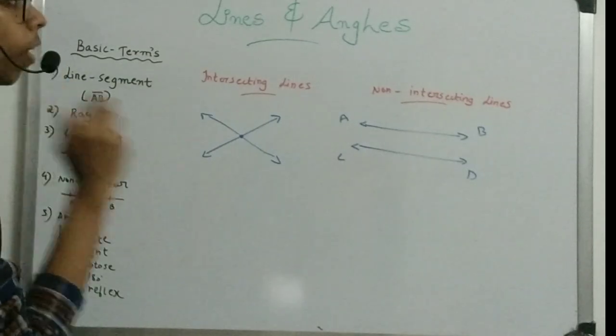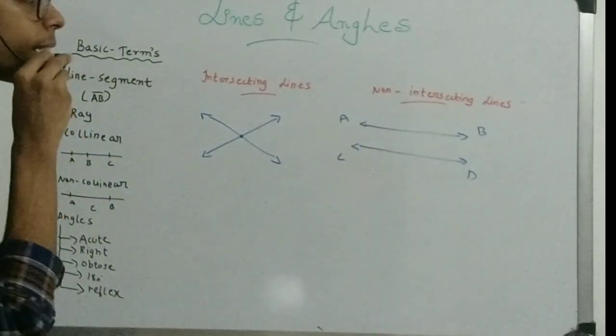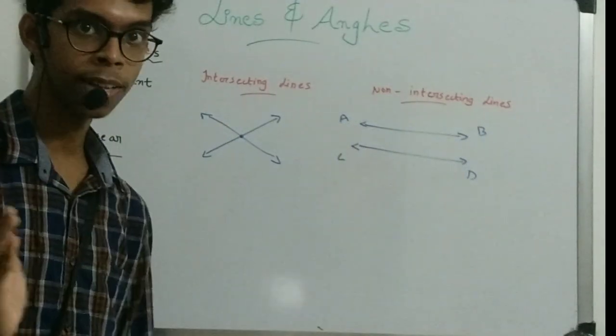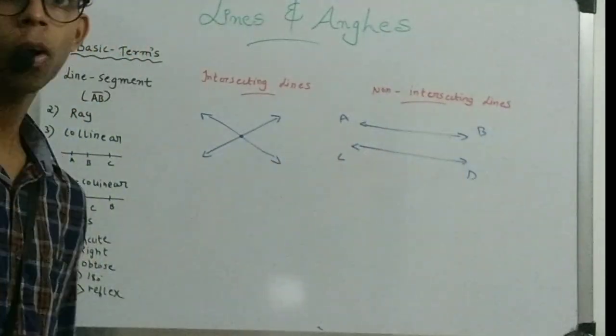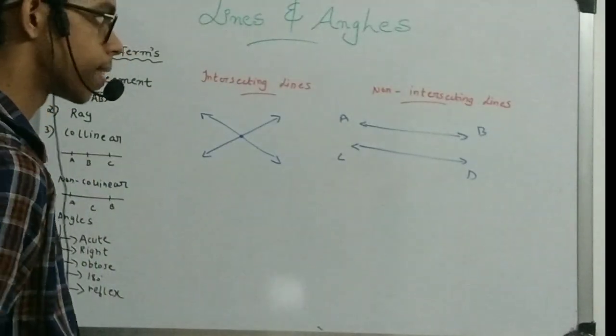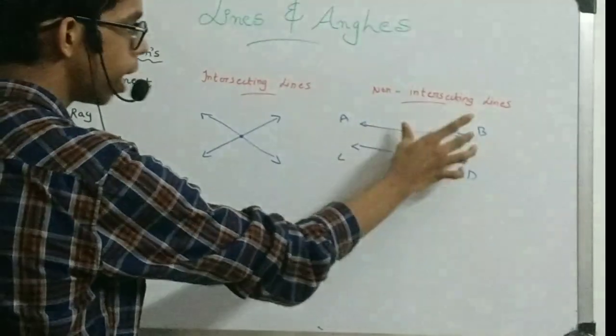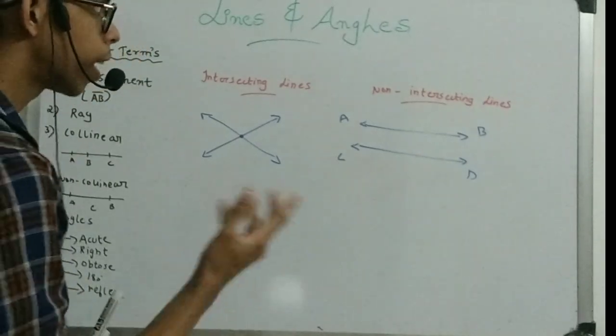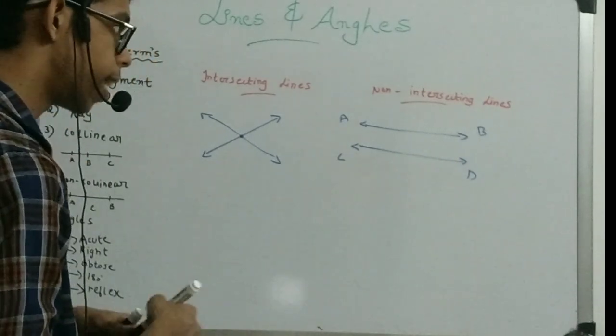Now when we talk about non-intersecting lines, if you see over here, AB and CD are two lines. They are not meeting at any common point. It means these two are not intersecting lines. But if you see, line AB and CD are lying one below the other, so we call them non-intersecting lines.